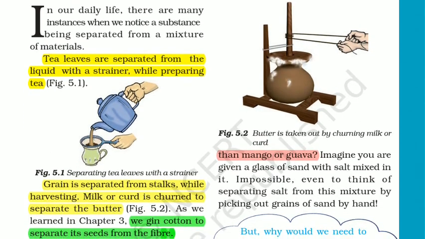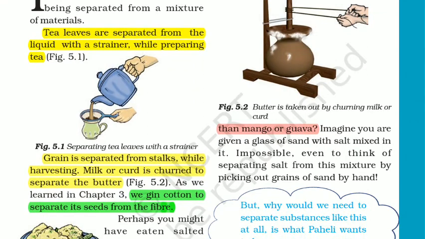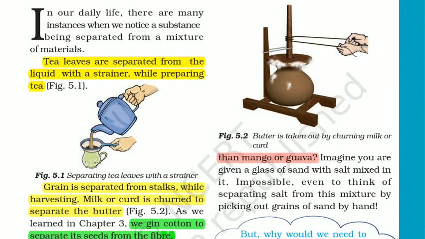We are all familiar with tea making, and you have all seen your parents or guardians drink tea, right? After preparing the tea, to serve it, we separate the tea leaves from the tea, that is the liquid, with the help of a strainer, right?